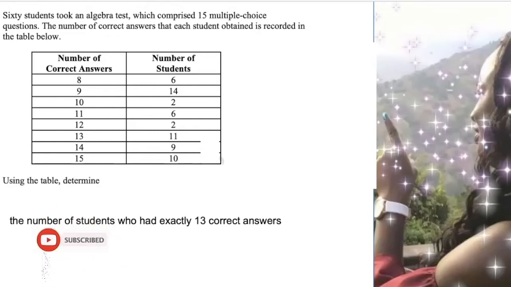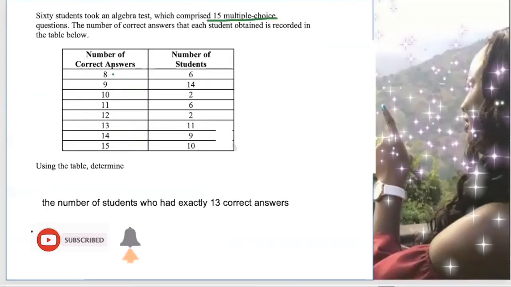The number of students who has exactly 13 questions being correct, we have to look on this section because this tells me how many questions the students got correct. So this is saying 8 is correct, this is 9 questions being correct, 10 questions being correct, and it continues.